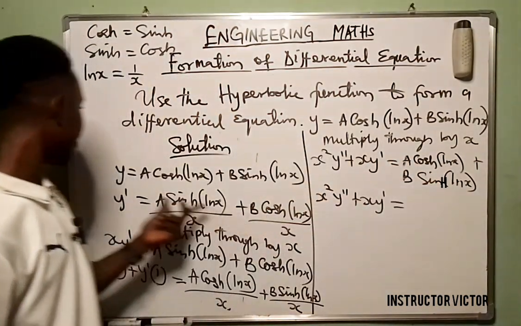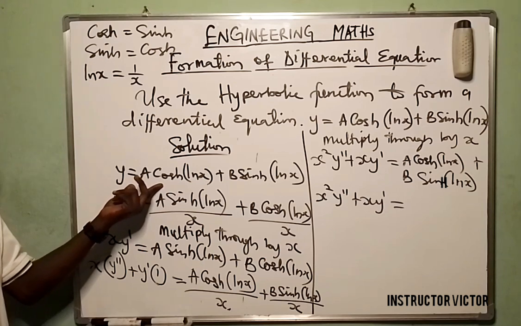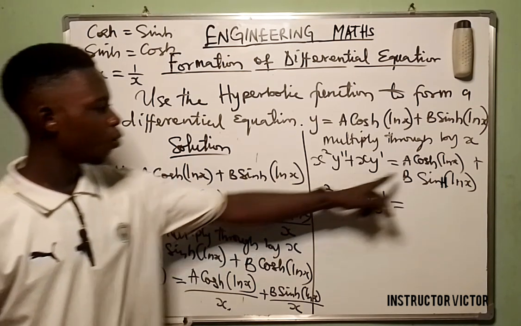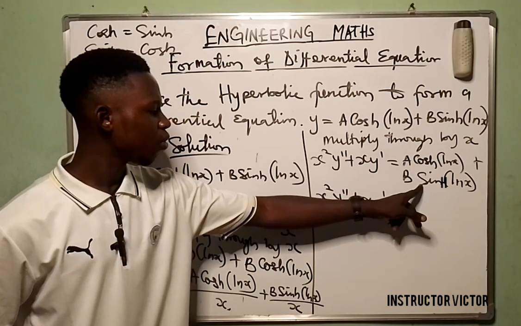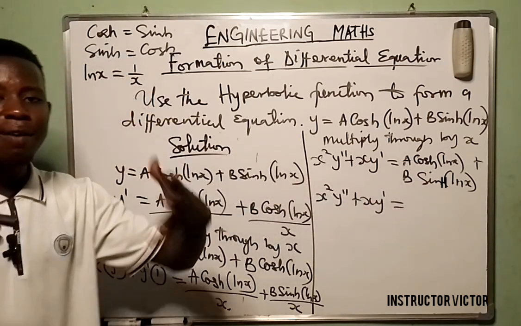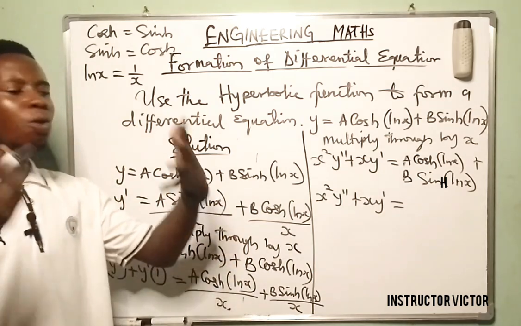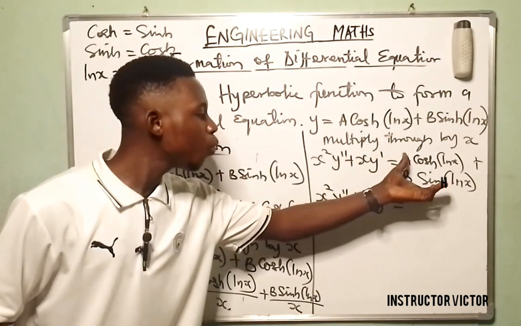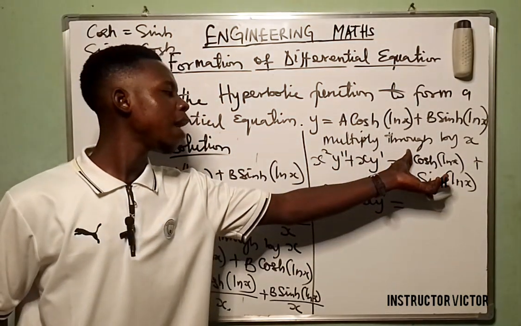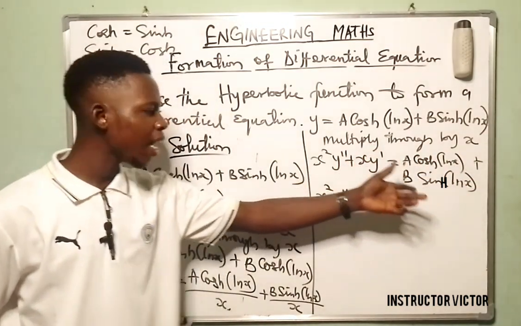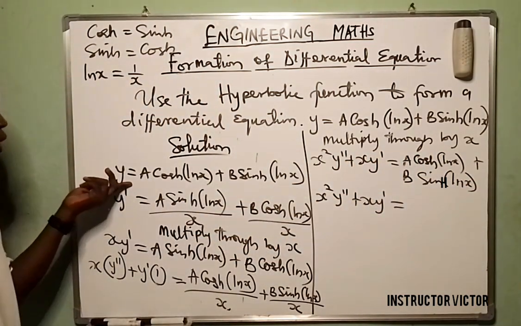Now let us look at the first solution. We have a cos ln x plus b sin ln x, which is the same thing as what we have here. So we want to eliminate our constant, and it is easy for us to eliminate our constant because we have a variable which is equal to the value that we have here, in which the constant is included. And that variable or that function is what? y.